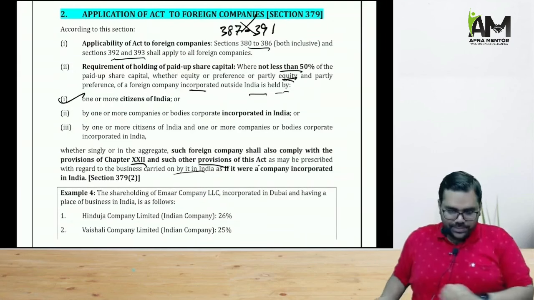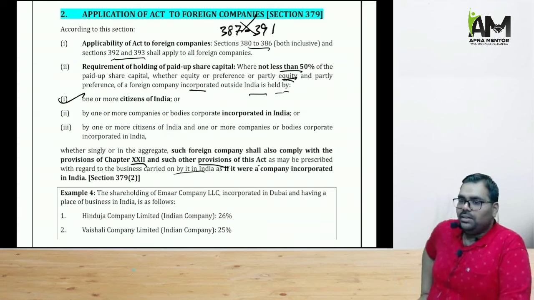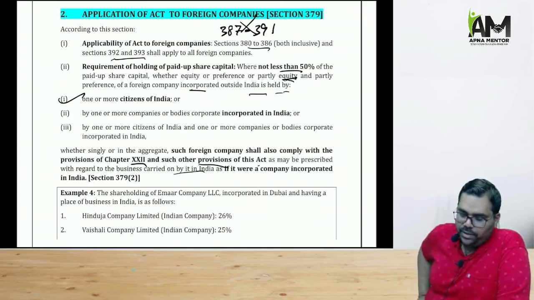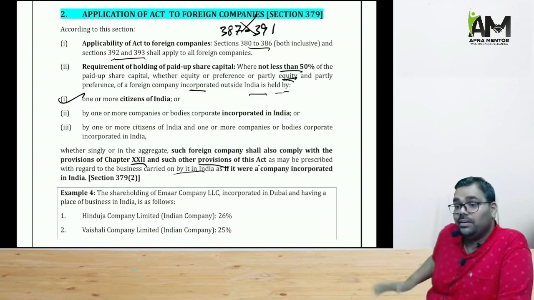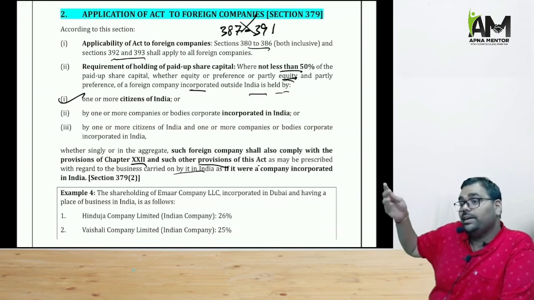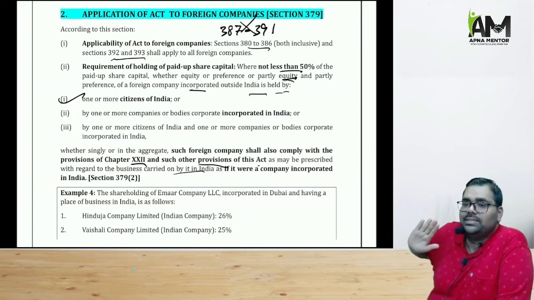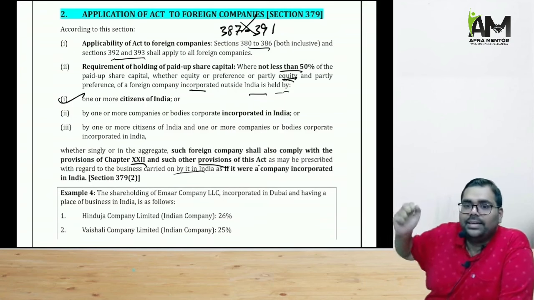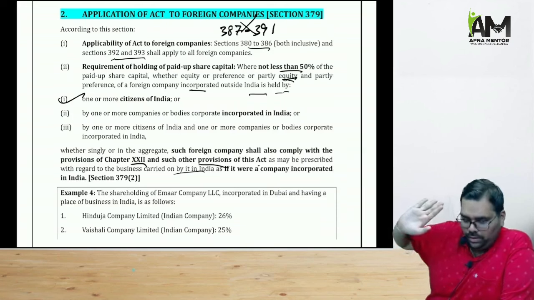Desi foreign companies means at least 50% of the paid up share capital, whether equity or preference, is held by Indian citizens, or by an Indian company, or by a body corporate in India, or maybe partly by the Indian citizen, partly by the company in India, partly by the body corporate in India, anyhow.